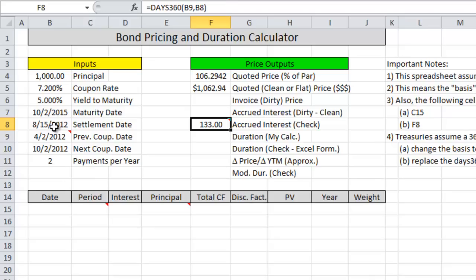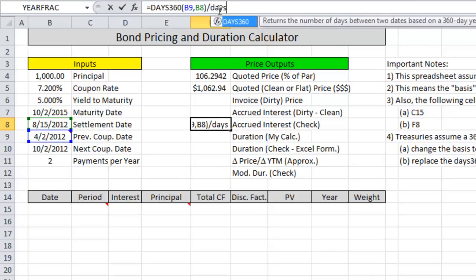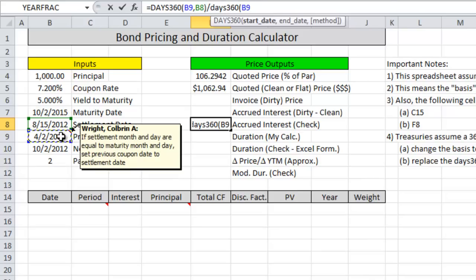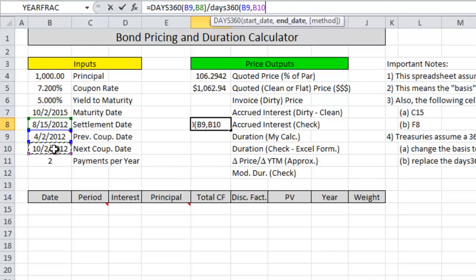Well, what percentage of the coupon period does that represent? In order to get that, we're just going to divide it by DAYS360 for a full coupon period, which would be April all the way to the next coupon payment. So that's a full coupon period.